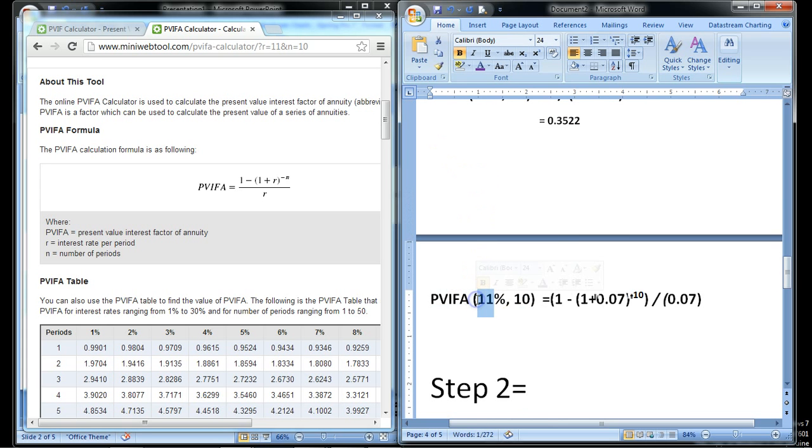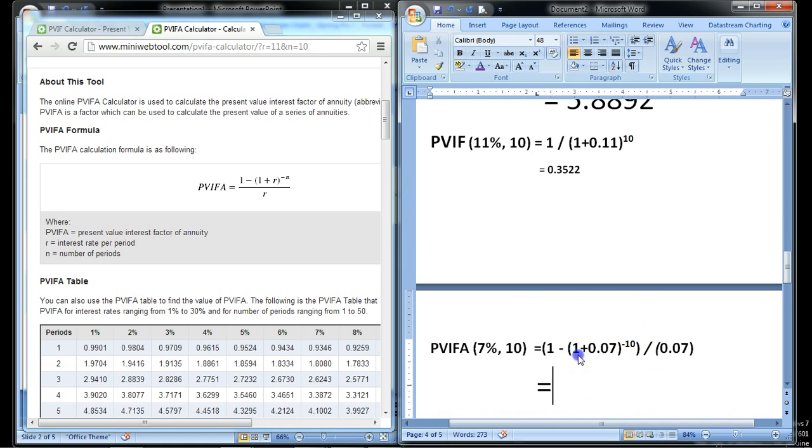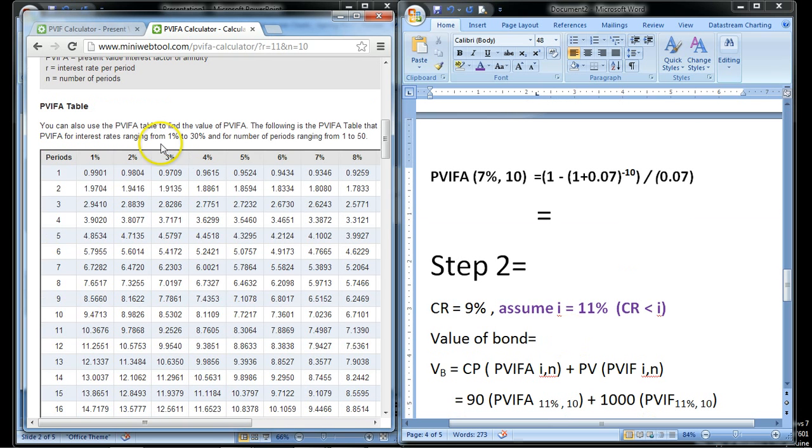Now, when you are using 7%, class, please calculate using your calculator. I'm using my calculator, but you have to use your scientific calculator, alright? If you want to check the table, also can, but I will not provide any tables in exam. You need to calculate. So this is the PVIFA table, 7% at year 10. When you press your calculator, your answer is 7.0236.